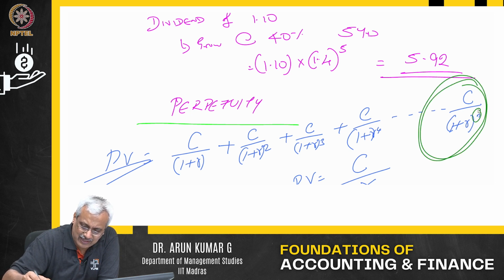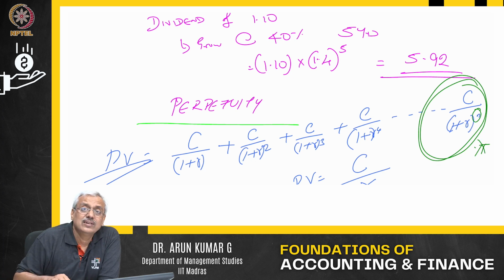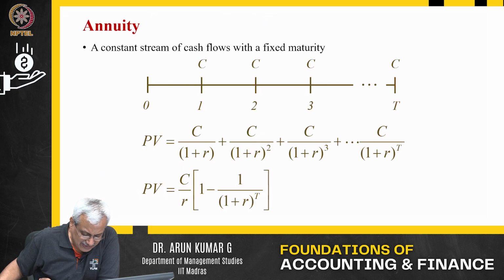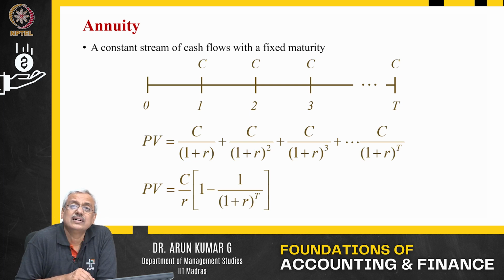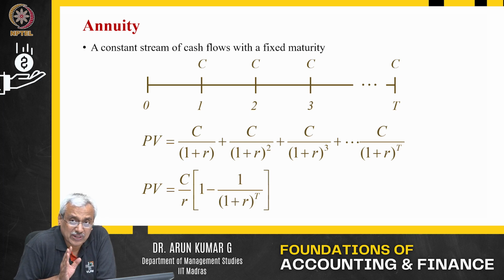This N does not exist, it becomes T. There is a fixed standardized period for this, which is why it becomes T. The number of years of cash flow is known.